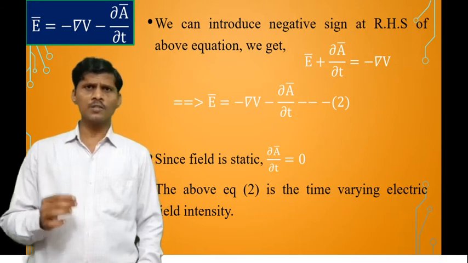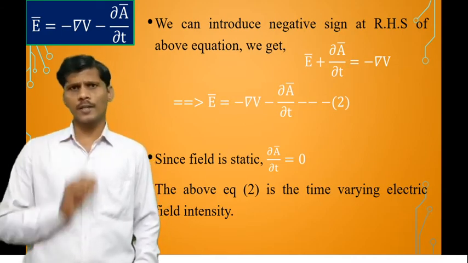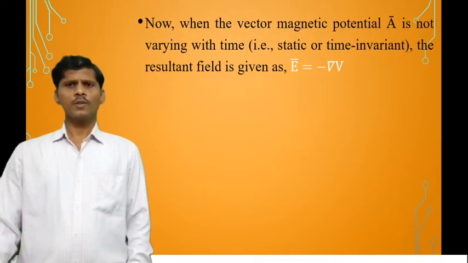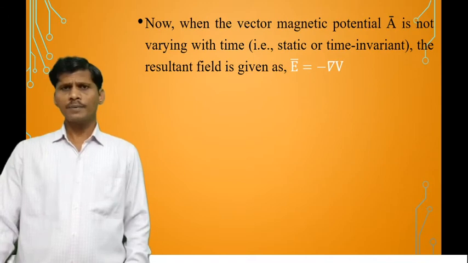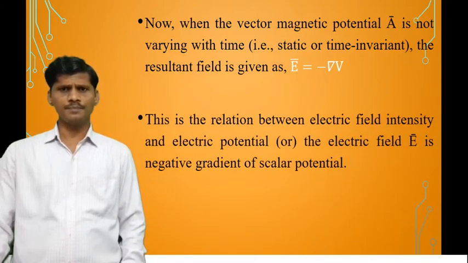That equation was already derived in the concept of electrostatics. Electric field intensity is the negative gradient of the potential.